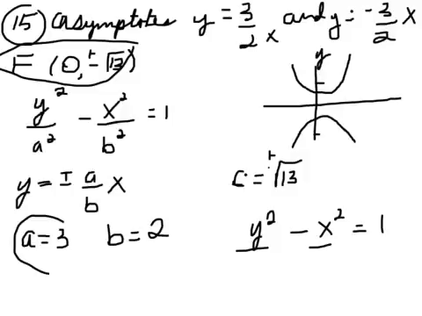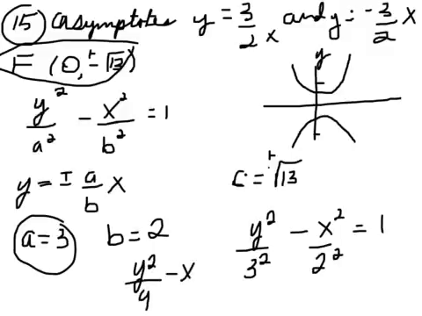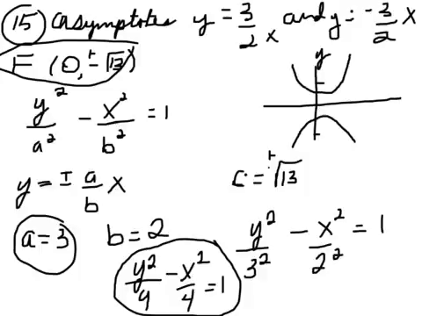So this 3 is going to go with the positive term, which we determined was y squared. So this is going to be 3 squared, and that means the 2 squared goes over here. If we simplify that, we get our equation, y squared over 9 minus x squared over 4 is equal to 1. So the focus was the key to start to unravel all this.